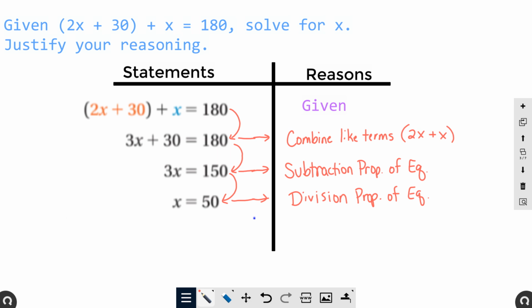So all you have to do is describe what happened from the previous step to the step you're on. A big thing that people do is they put these in a different order. They move all of these up, but we want to keep it from what happened from the previous to the next one, and that's where your answer goes. Does that make sense? Y'all feel like y'all can do this? Not too bad, right?